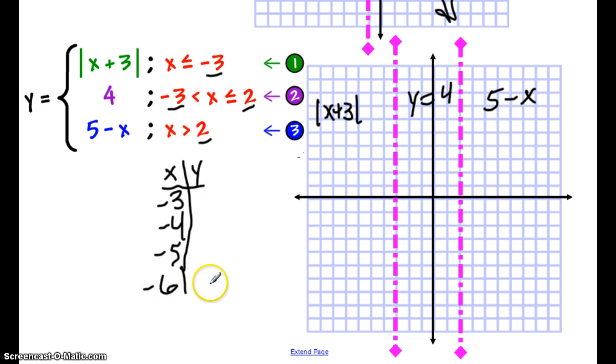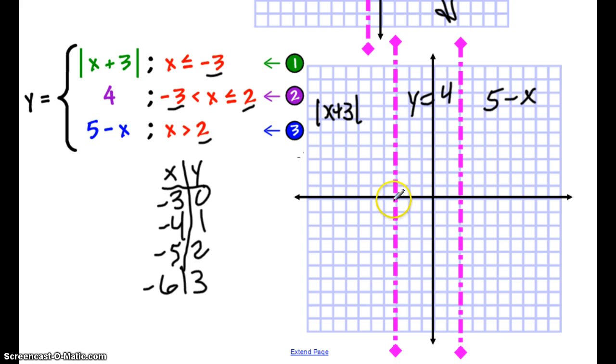So let's plug all these in. We're going to have -3 plus 3 is 0. -4 plus 3 is -1. Absolute value of -1 is 1. -5 plus 3 is -2. Absolute value 2. -6 plus 3 is -3. Absolute value 3. And then let's graph this.